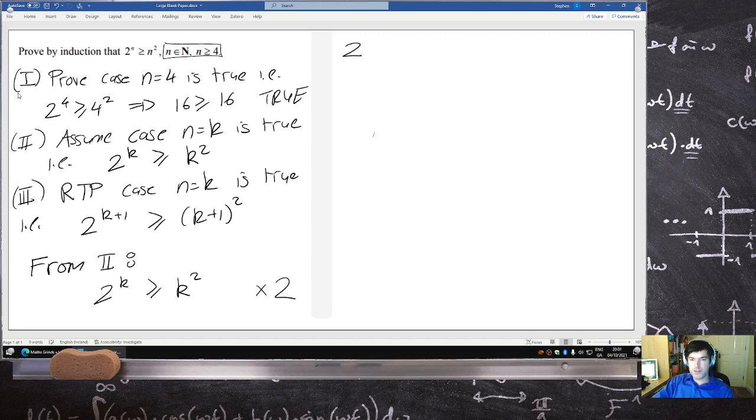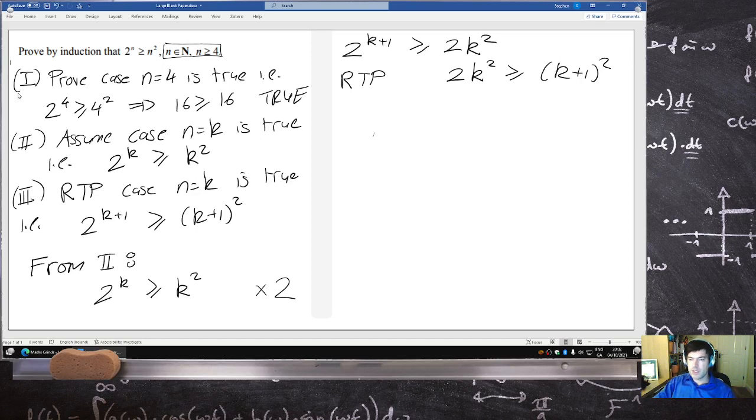So that becomes 2 power k plus 1 is greater than or equal to 2k squared. Now, we're required to prove that 2k squared is greater than or equal to k plus 1 squared, because if we can prove that, then we've proven 2 power k plus 1 is greater than or equal to k plus 1 squared, which is exactly the thing we need to prove.